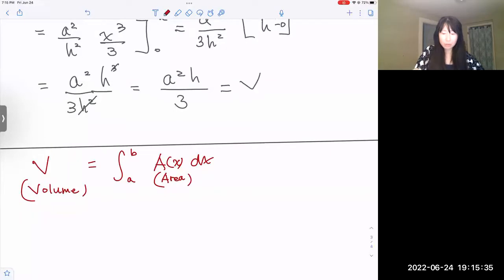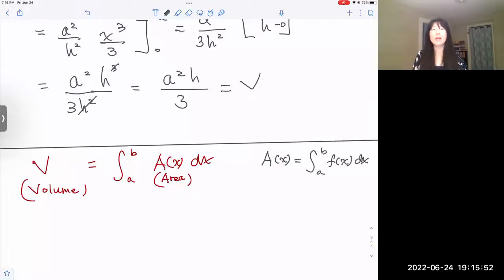Because this comes from the same concept. If we want to know about the area, then we integrate from definite integration the function. So that is the area. Then if we have the area and take the antiderivative, then we get the volume.